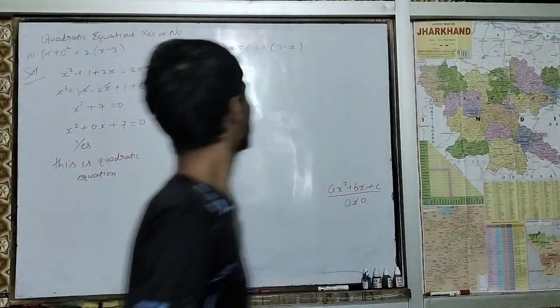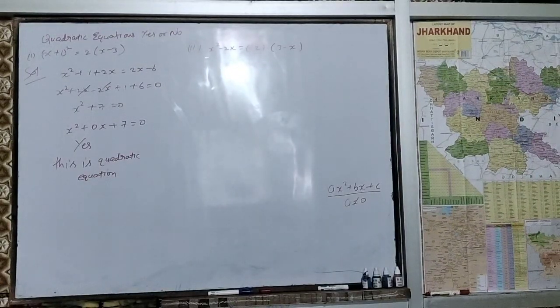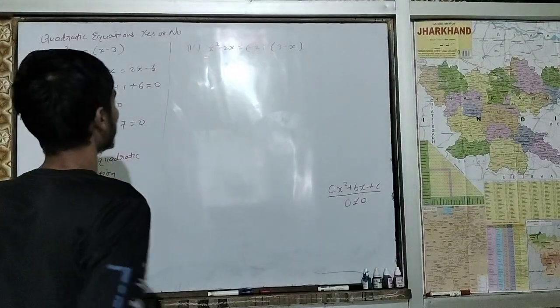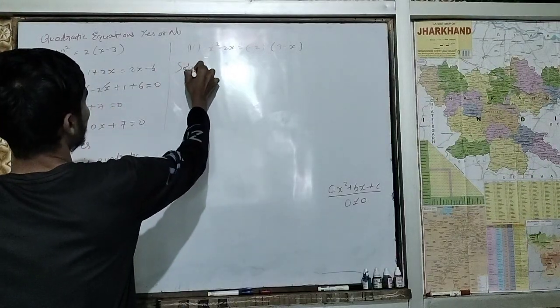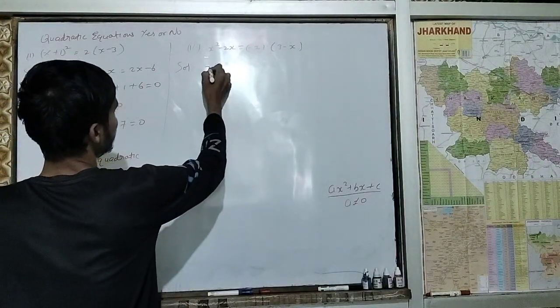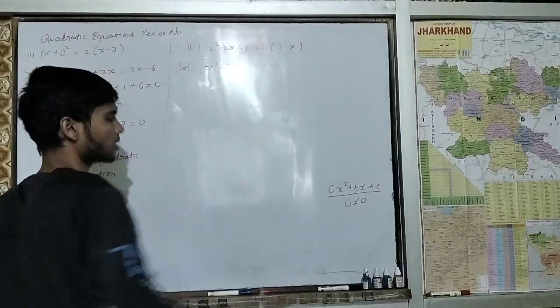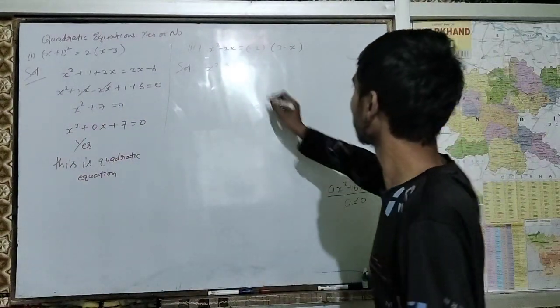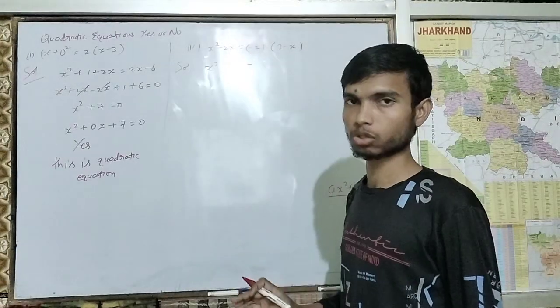Okay. Next is for you. Let's simplify it together. x square minus 2x. This side will stay as it is, because we don't need to simplify it. On this side there is an option to simplify.